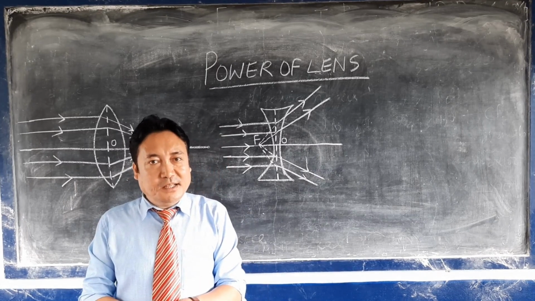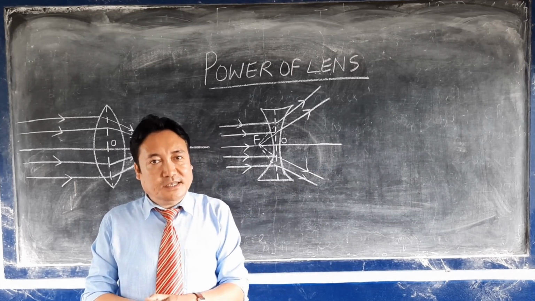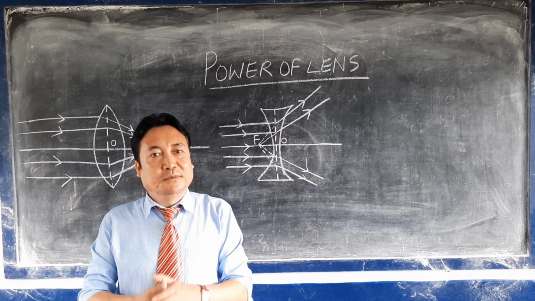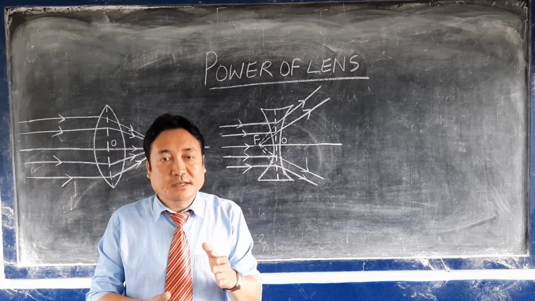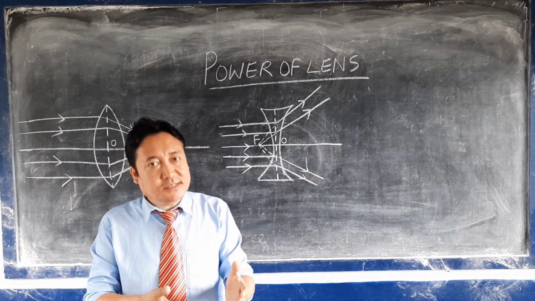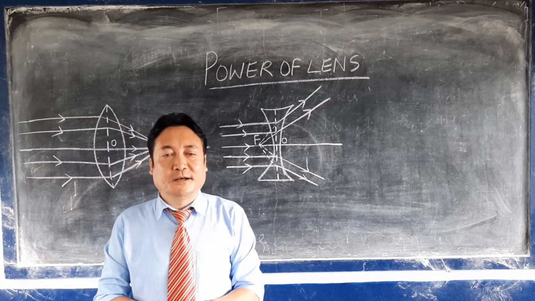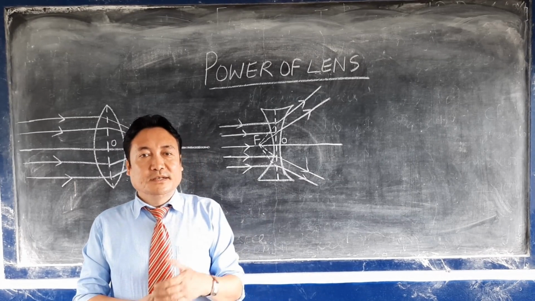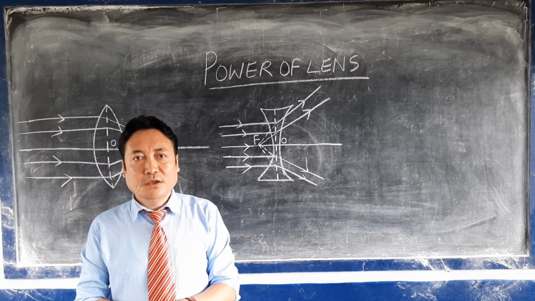So the power of lens is the degree of convergence and divergence of the beam or ray of light when it falls on the lens, that is, on the concave lens as well as the convex lens.